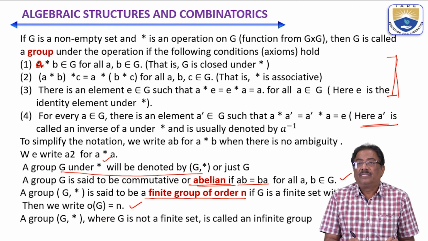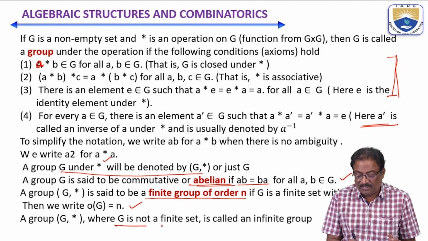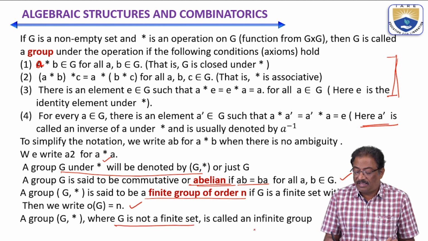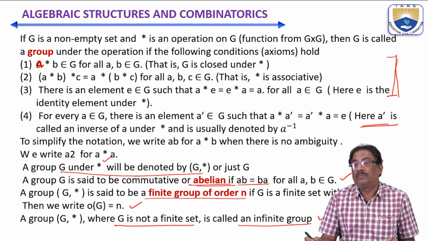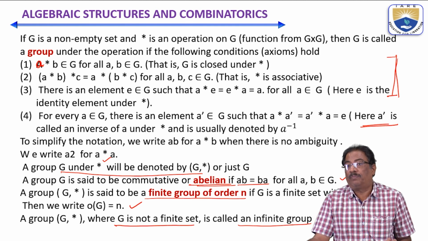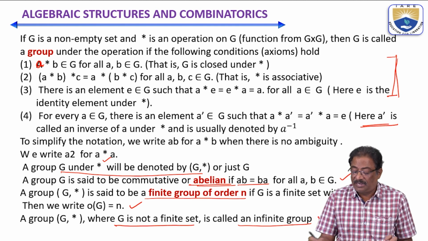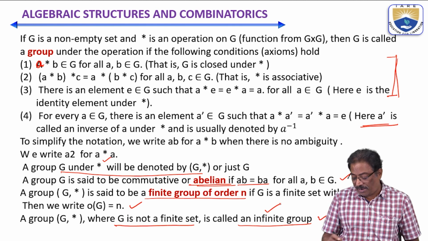A group G comma star where G is not a finite set is called an infinite group.